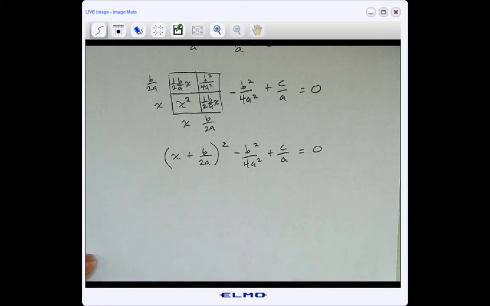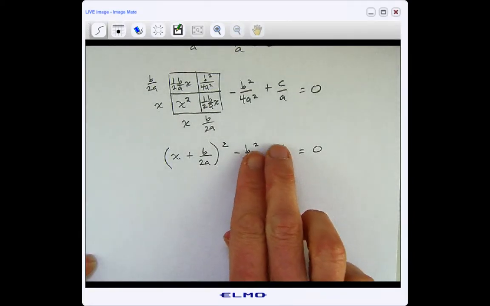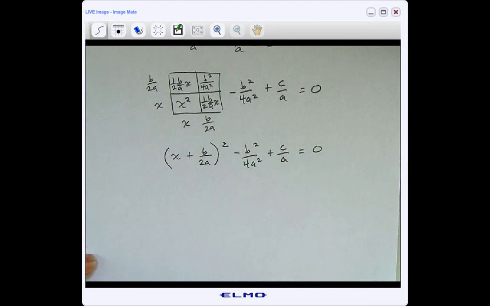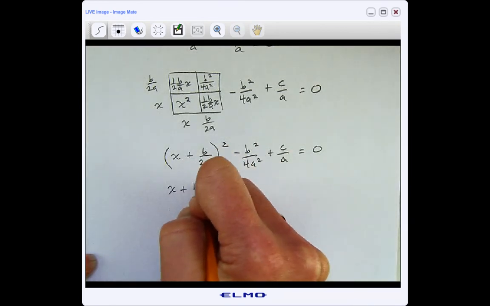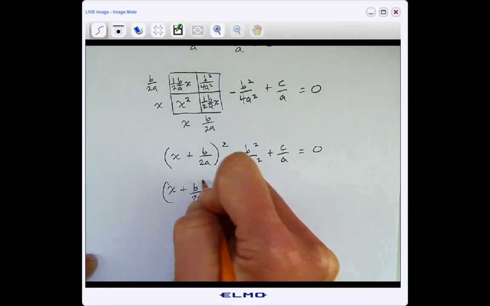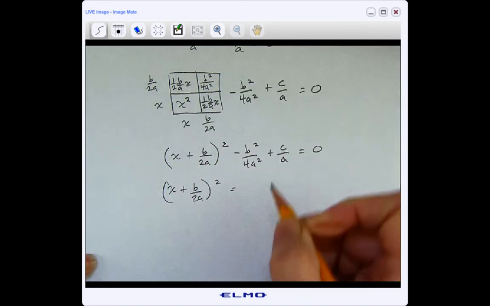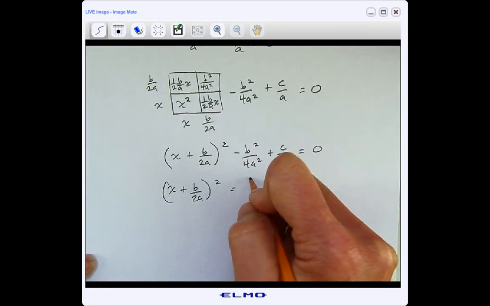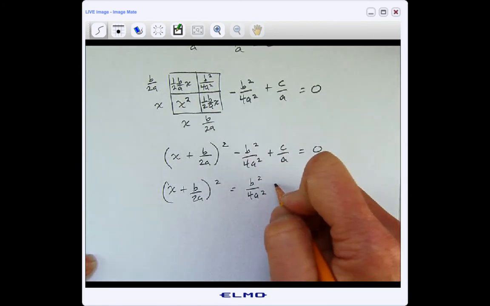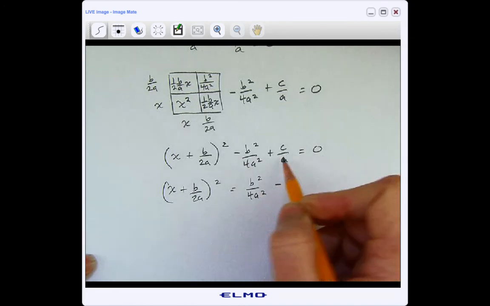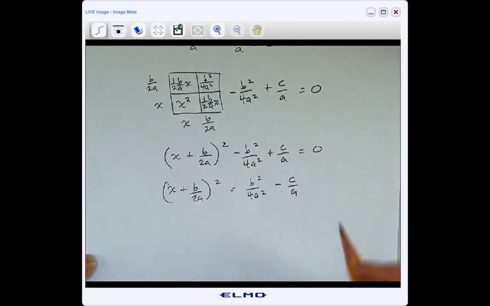If I was working with numbers, I'd go ahead and move this over here by adding the opposite to both sides. So I've got x plus b over 2a squared, and when I move this over here, this becomes b squared over 4a squared minus c over a. So I subtracted those from this side and subtracted those from 0.